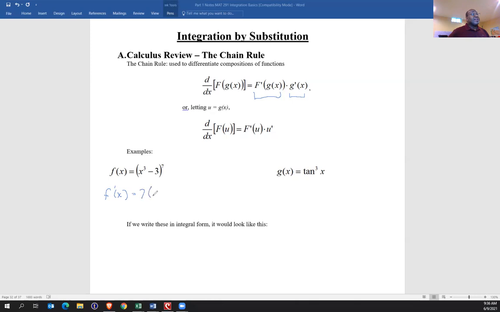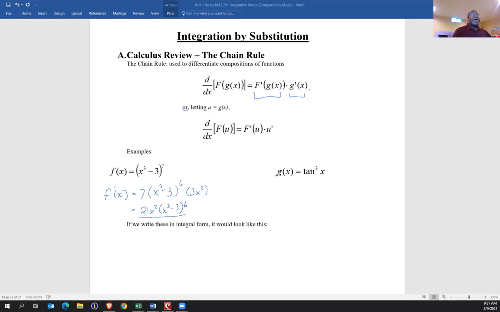That gives us 7 times (x cubed minus 3) raised to the 6th power. And then we multiply that by the derivative of the inner function. The derivative of x cubed minus 3 is simply 3x squared. And of course, we can simplify this, multiplying the 7 and the 3x squared together to get 21x squared times (x cubed minus 3) raised to the 6th power.